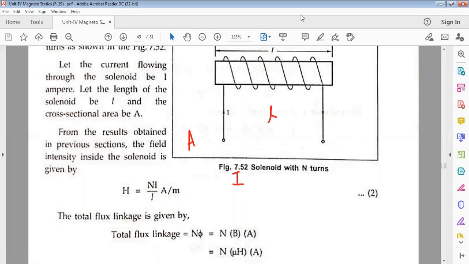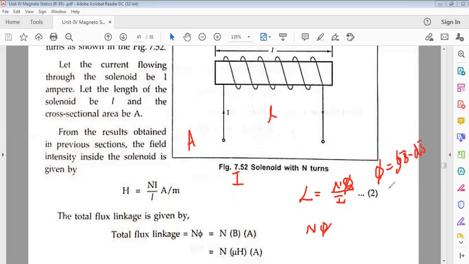how to find out the inductance. Inductance L is equal to N phi by I. The total flux is N phi. Phi is nothing but, from Gauss law for the magnetic field, the integral of B dot dS.